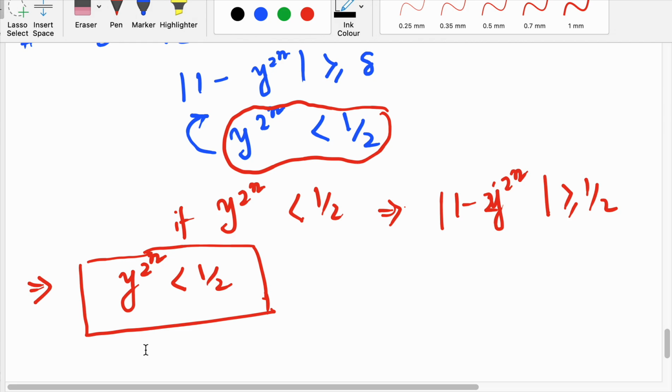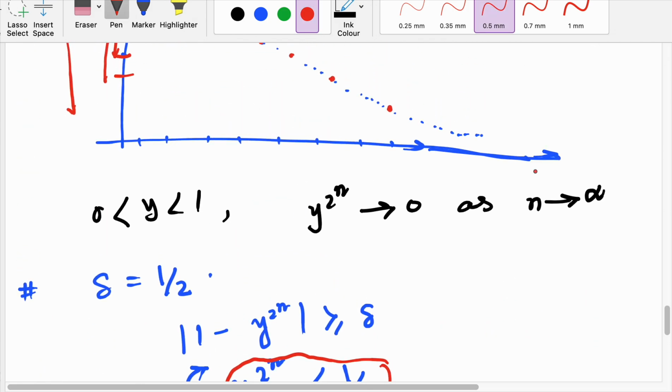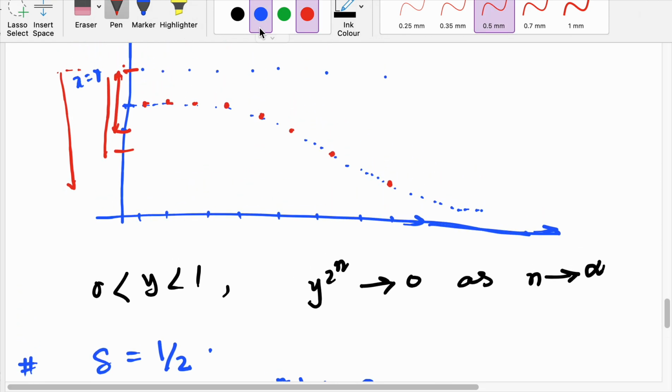This is actually satisfied; we will find some n for which this happens, because we know as n tends to infinity, since y is a fractional number, less than 1 and remaining between 0 and 1, it goes to 0. So somewhere in between there is a number half.